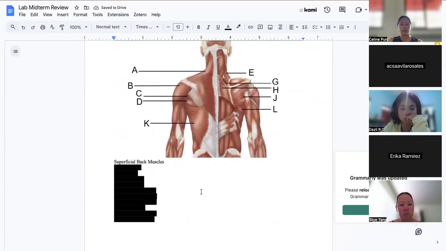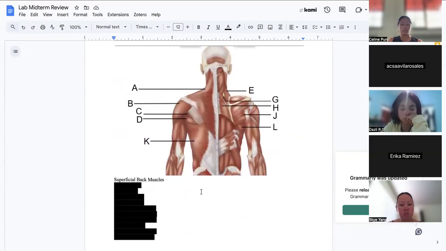Ooh, now we're doing muscles. Your superficial back muscles are on the side. Okay, what is A? If you go to the gym a lot, you probably know this muscle.